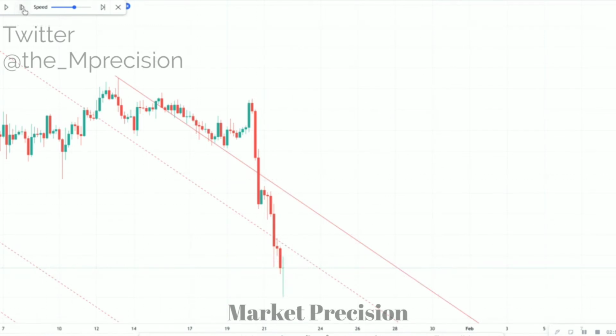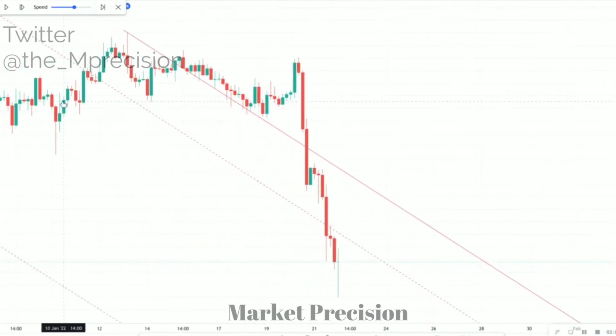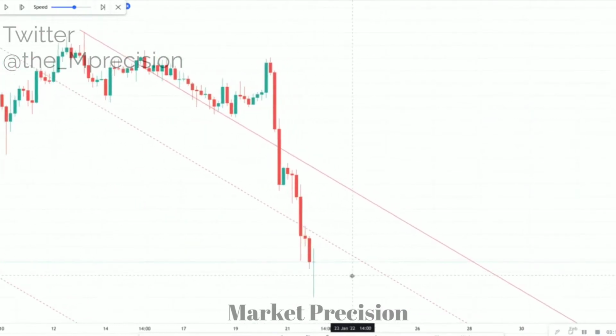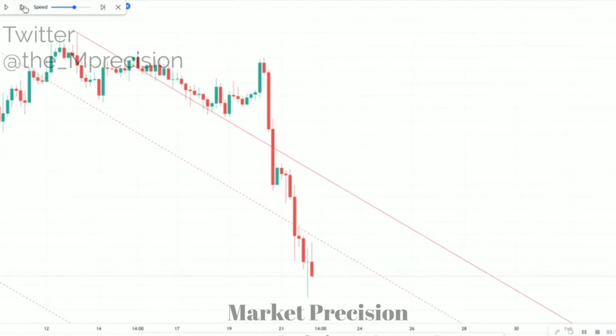So let's move from here, and now I want to wait for a candle that goes above it, and I'm gonna wait for a green candle. You remember, on a downward trend we were looking at red candles. On an upward trend we'll be looking at green candles. So let's play it. And I've got another engulfing candle here. So the engulf is now as big as this to this.